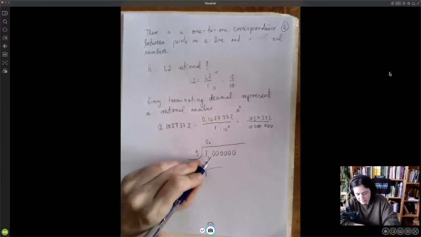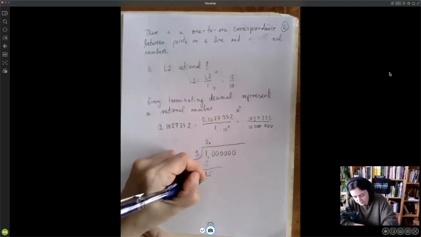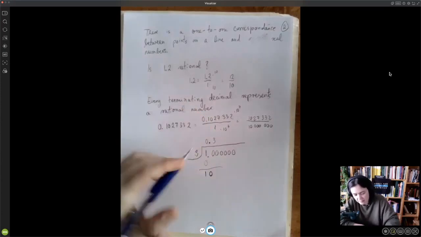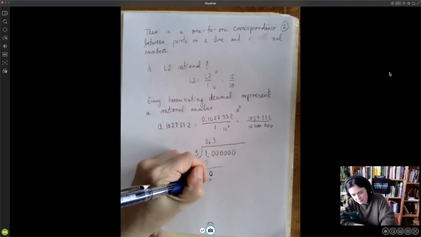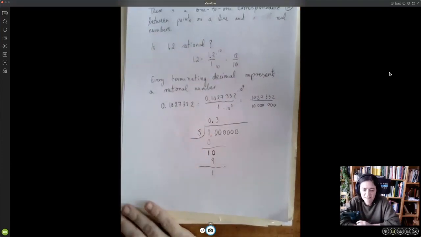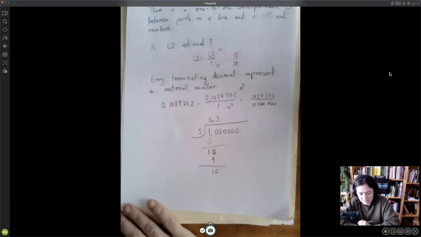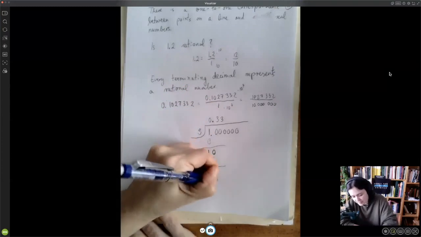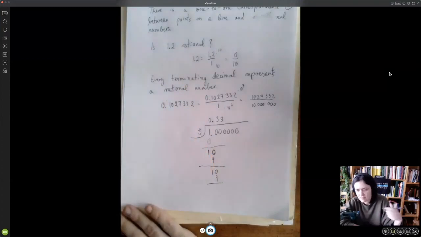And then we bring down a 0. And now 10 divided by 3, the answer is 3, because 3 times 3 is 9. Subtract. We get a 1. Bring down the next 0. 10 divided by 3 is 3, because 3 times 3 is 9. See, we're stuck in this loop forever.